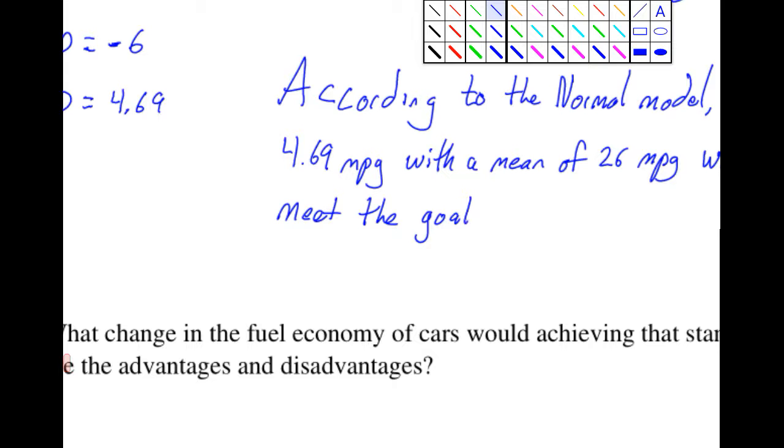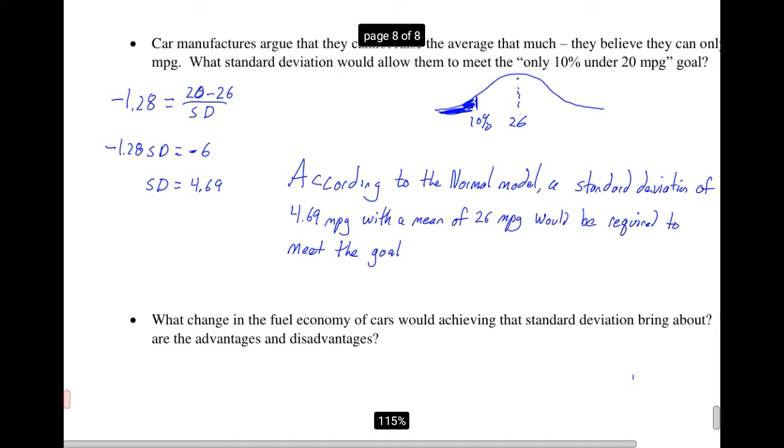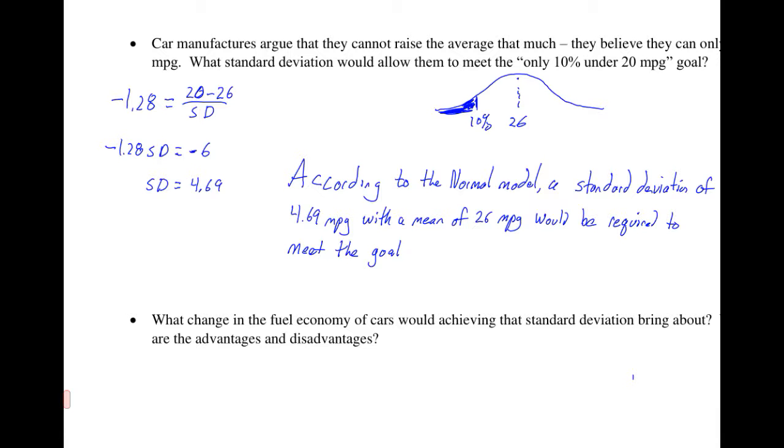Yes, you have to have that "according to the normal model" in there. Otherwise, you don't have that fact in there that this is not an exact calculation. This is an estimate. It's a prediction.